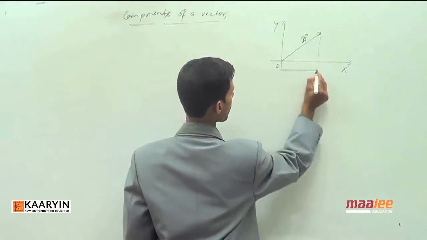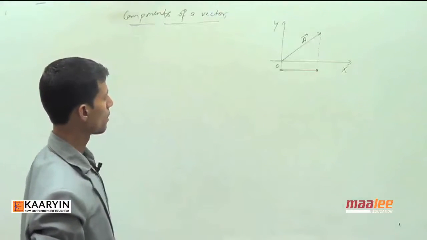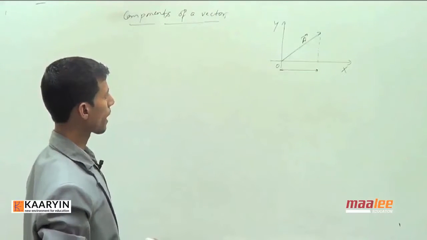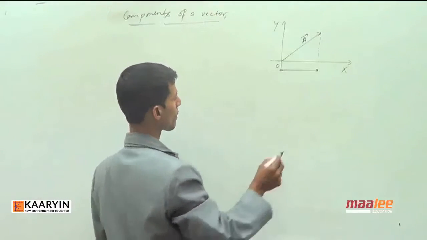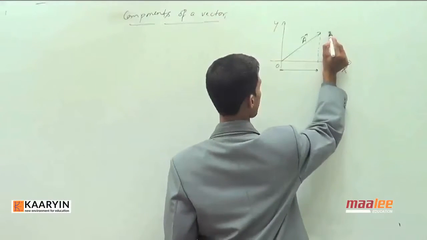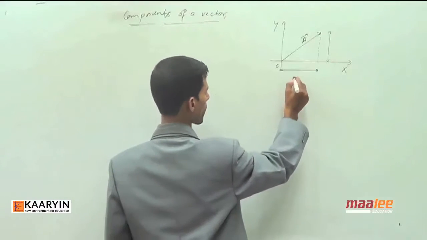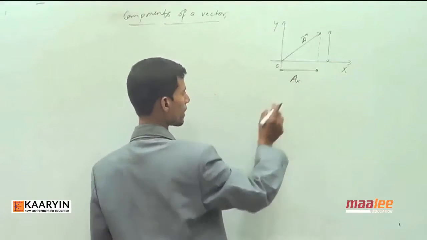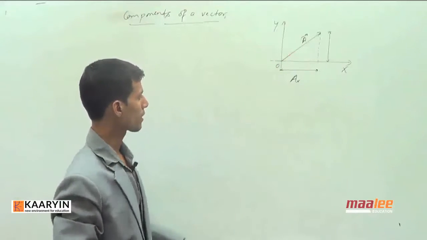Then this length gives the magnitude of the vector A on the x axis, and this length gives the magnitude of vector A on the y axis. I am calling this Ax, where Ax indicates the component of A along the x axis.